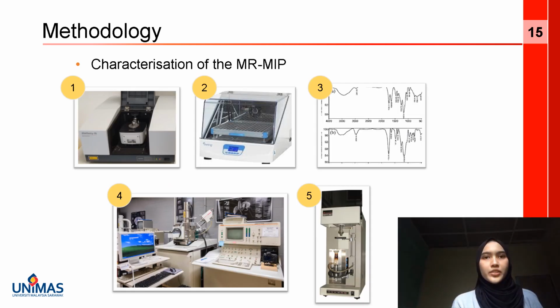For the characterization of the MR-MIP, the synthesized MR-MIP and NIP will be characterized using FTIR spectroscopy. At room temperature, they will be incubated for more than 24 hours with silica gel to eliminate any remaining water before being analyzed. Potassium bromide discs of the MIP and the NIP will be prepared, and their spectra will be recorded at 4000 to 400.